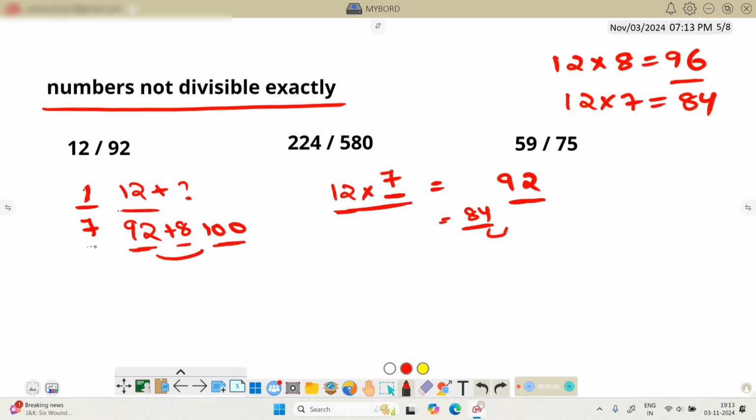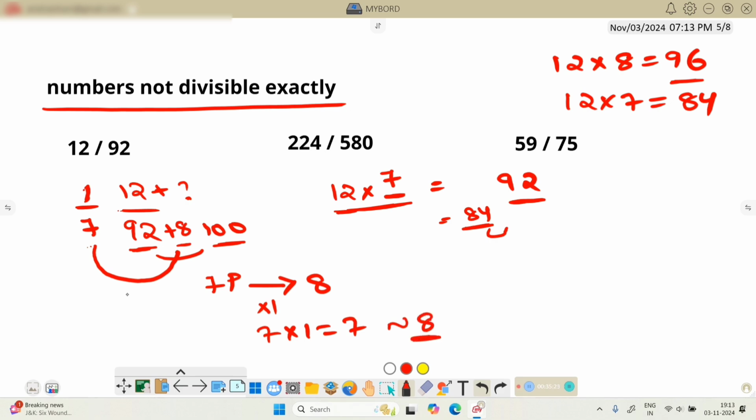And next what you will do is, here 7 parts is equal to 8. That means 7, how many times will exactly 8 come? That means nearer to 8 will come into 1. 7 1s are 7, which is nearer to 8. Okay, so here into 1 you write, 7 1s are 7. Here also you should multiply with 1, you will get the answer 1.